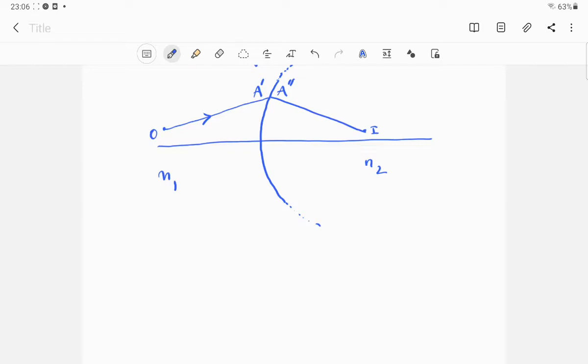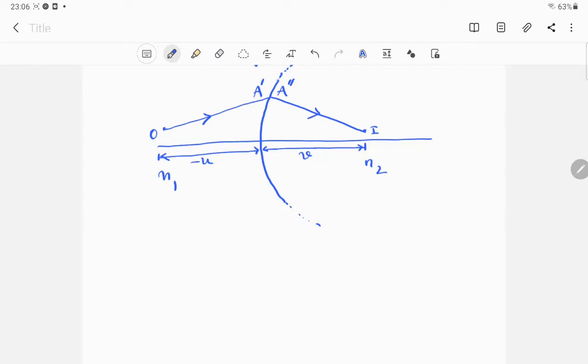I will name this the image. Obviously this is the object distance, which I will denote by U, with the sign convention I am using, and this is the image distance, plus V. So that's all we have for the spherical representation.